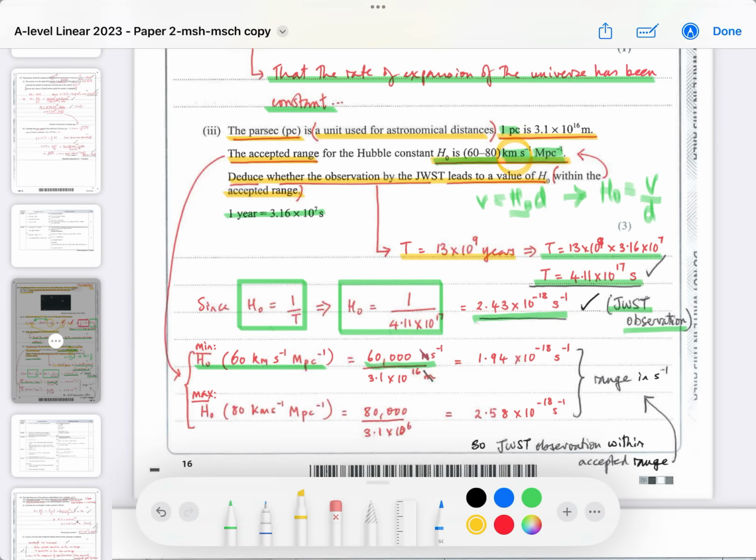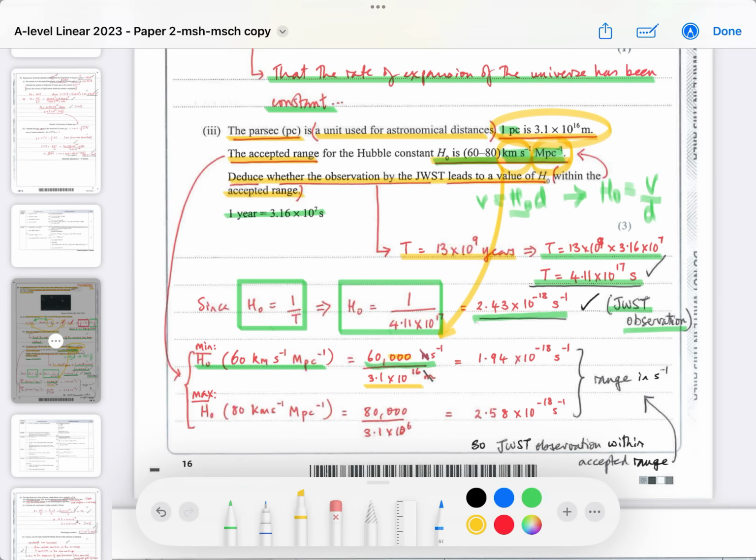So we've got to change the top into meters per second from kilometers per second, which becomes 60,000. And the bottom is megaparsecs. So a parsec is this many meters, but over here it's megaparsecs, so that's a million of those. So we divide by 3.1 times 10 to the 16.